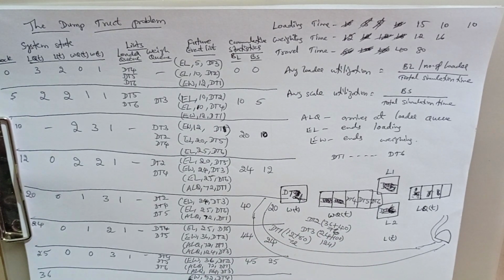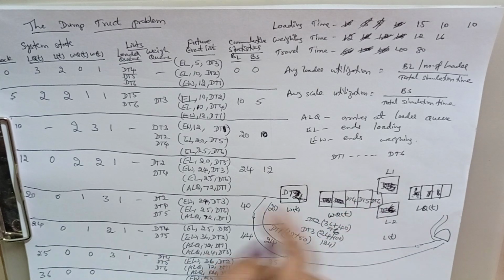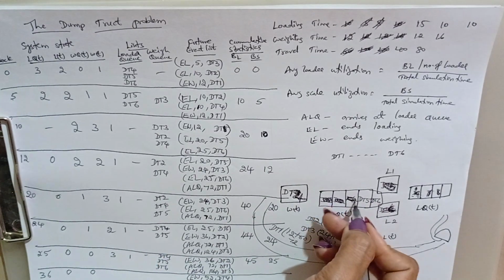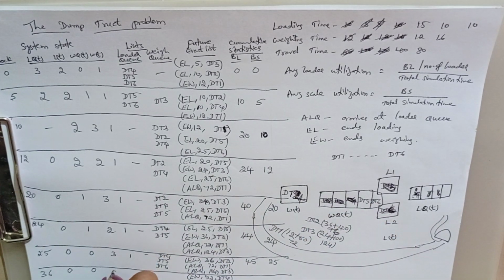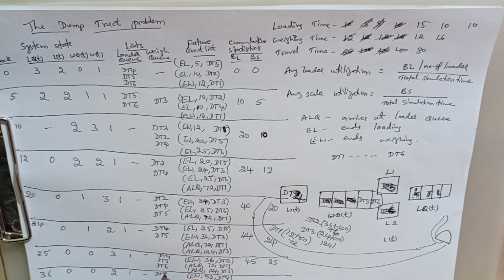Truck 4. And here 0, 0, and now truck 4 is on weighing machine, so only 2 and 1. Truck 5 and truck 6.